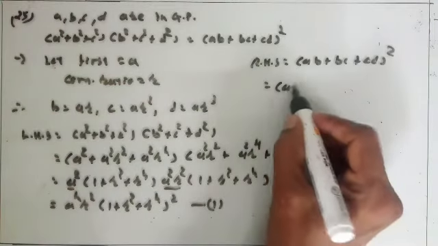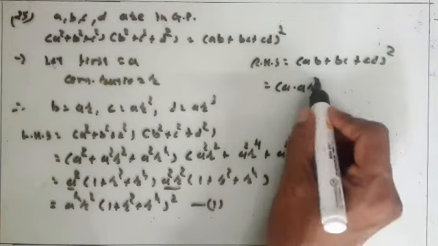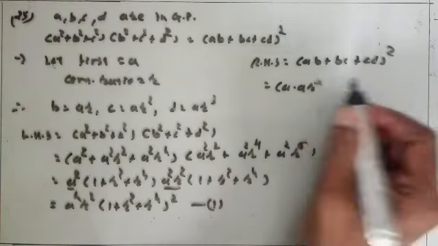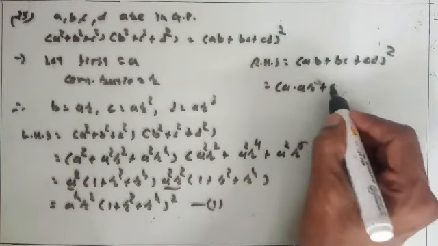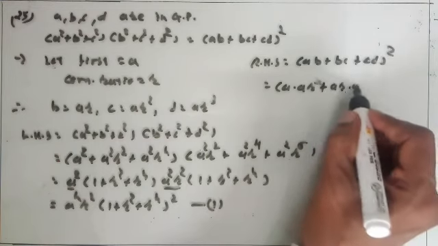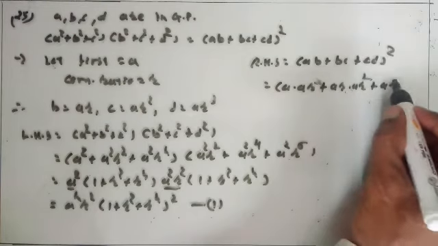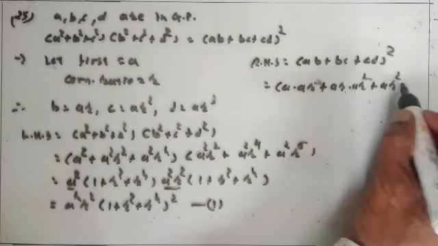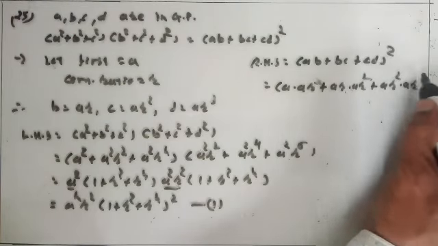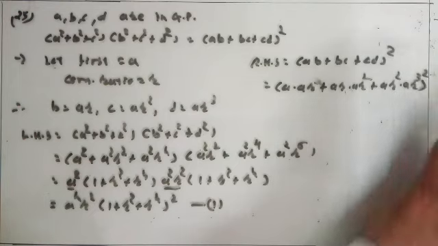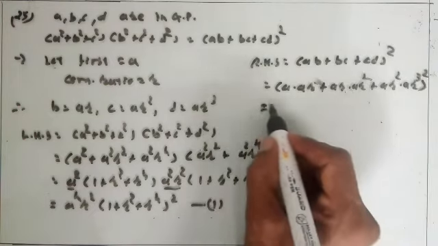Here we get A into AR, AR² plus... so (A·AR + AR·AR² + AR²·AR³) raised to 2. Now simplify this.